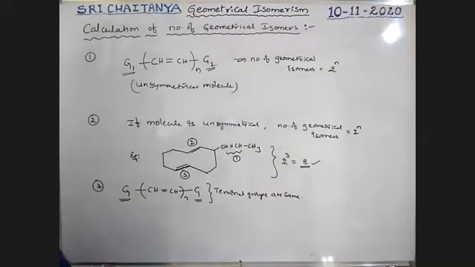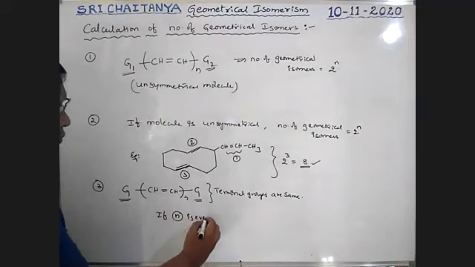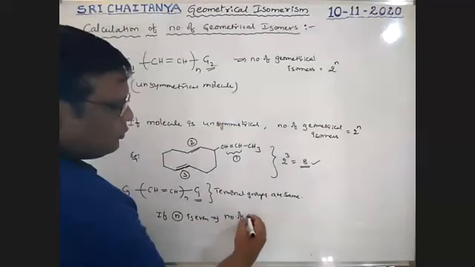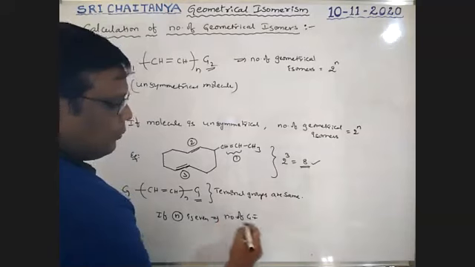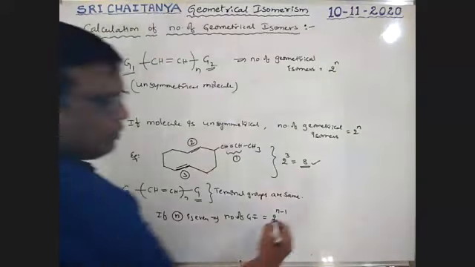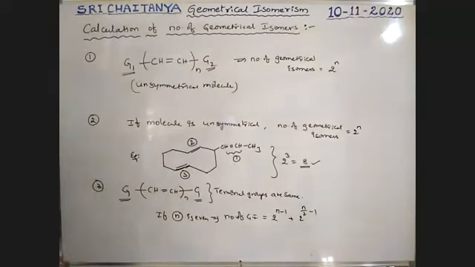In this case, if n is even, the number of geometrical isomers is equal to 2 power n minus 1 plus 2 power n by 2 minus 1.